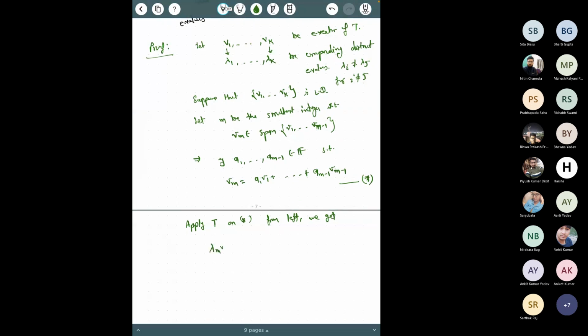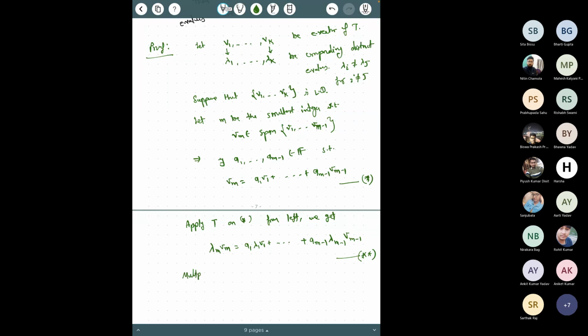Now I multiply equation star by lambda m and subtract from double star.